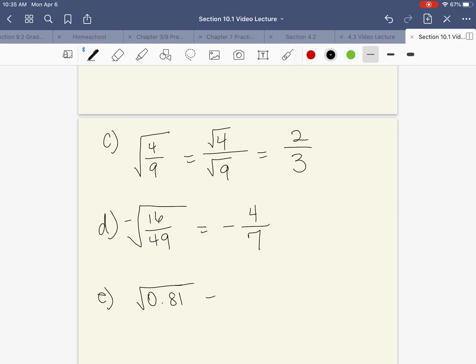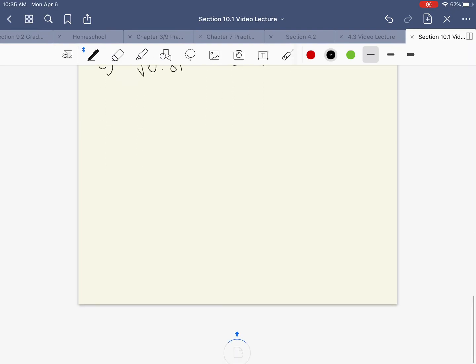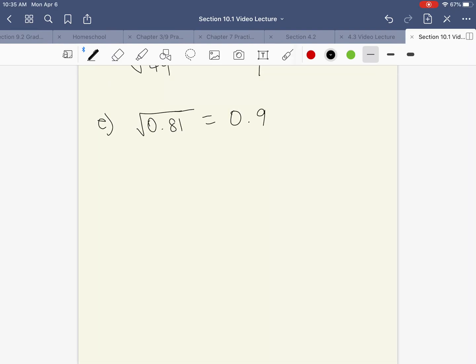All right, what times itself gives you 0.81? We know that is 0.9. Let's do one more. The square root of 0 we know is 0. 0 times itself is 0.